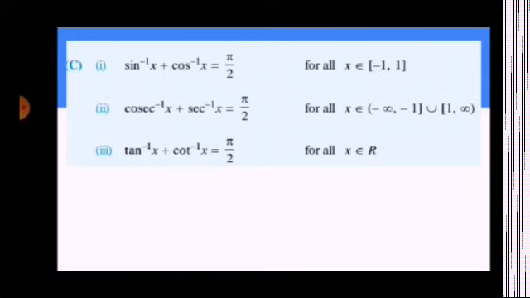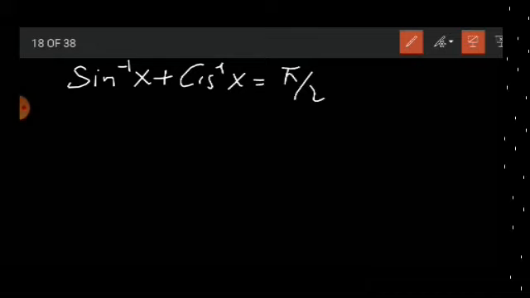So to prove this, sin inverse x plus cos inverse x is equal to pi by 2 for every value of x belonging to the closed interval -1 to +1.